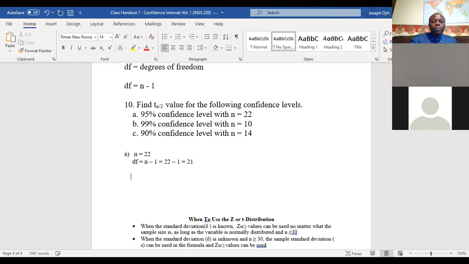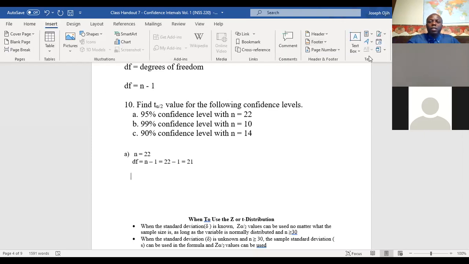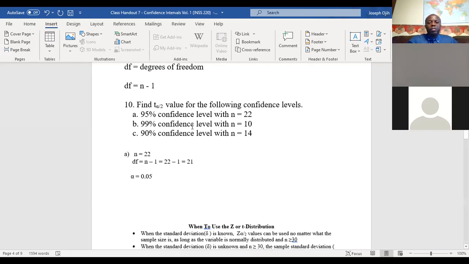So your alpha is a 95% confidence. That means your chance for being wrong is 5%. So the alpha will be alpha equals 0.05. So that we can now get the critical value T alpha over 2.